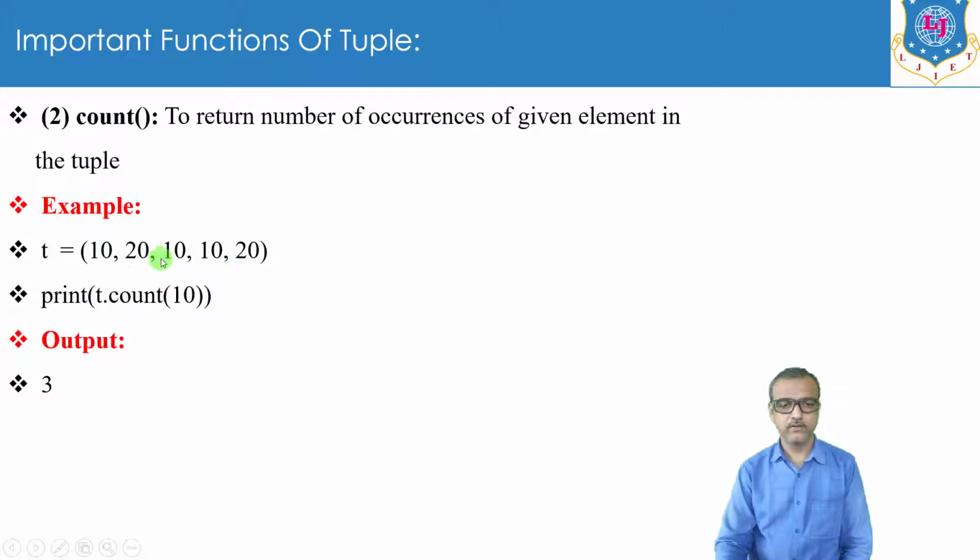And we have 10 3 times and 20 2 times. Now print of T dot count of 10. So what will this statement do? It will give us the occurrence of element 10 present in tuple T. So what is the output? You can see that element 10 is present 3 times. So the output is 3.